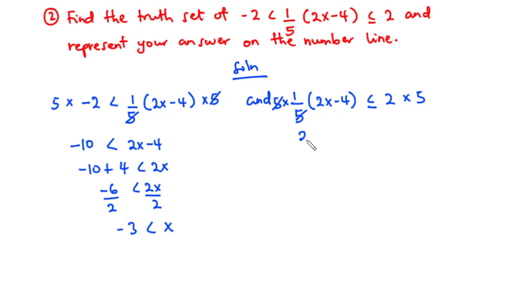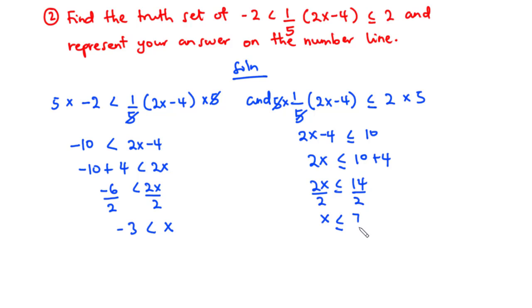We have 2x minus 4 is less than or equal to 10. We transpose -4 to the right hand side. We have 2x is less than or equal to 10 plus 4. 2x is less than or equal to 14. We divide through by 2, we have x is less than or equal to 7.